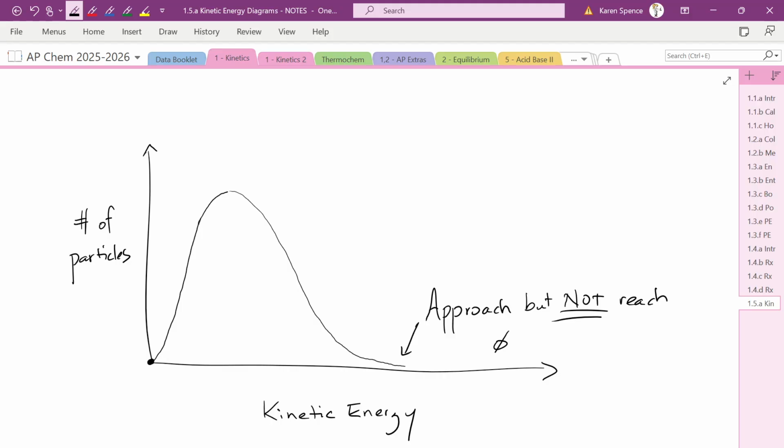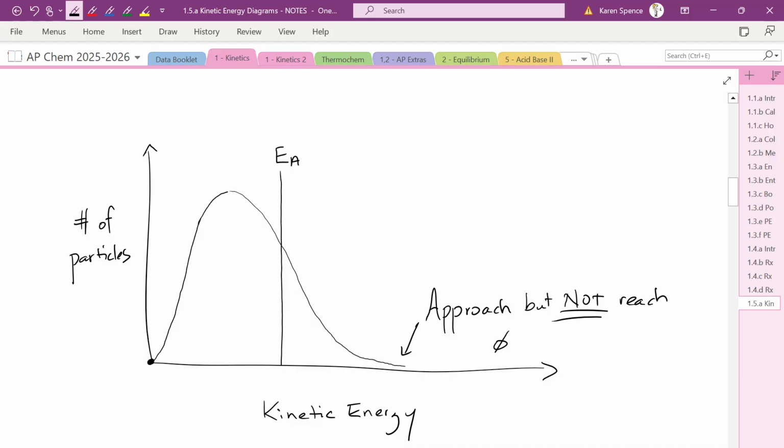All right, now, how would I draw an activation energy on this curve? I would just draw a vertical line. If I asked you to shade the area representing the collisions which are successful, where would you shade?